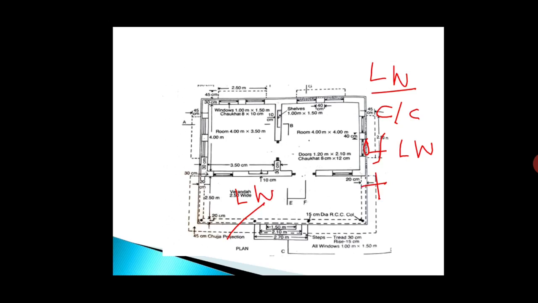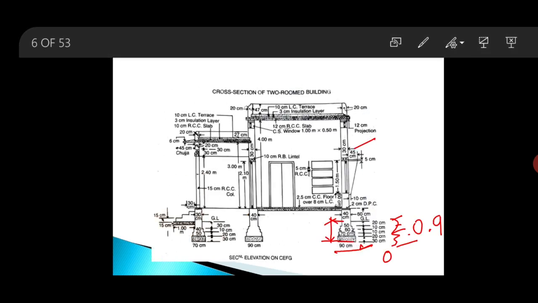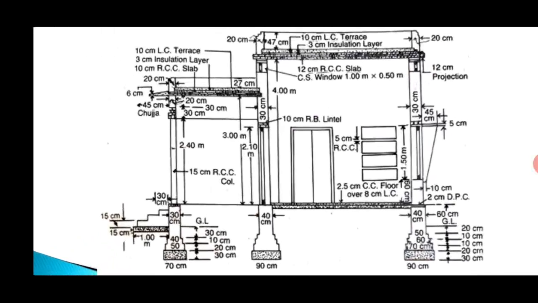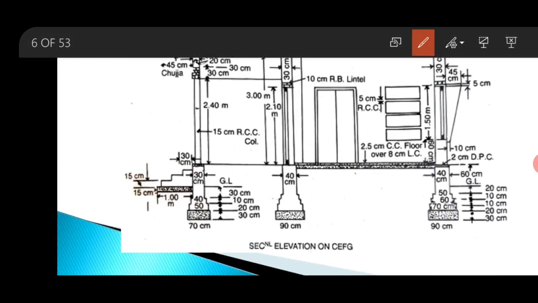Okay. So for that we have to go for the sectional details. See here, this is the sectional detail of 20 centimeter wall or veranda wall. The width of this excavation in case of veranda is 70 centimeter.